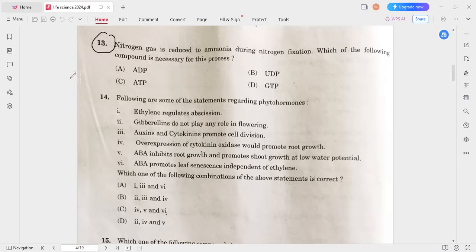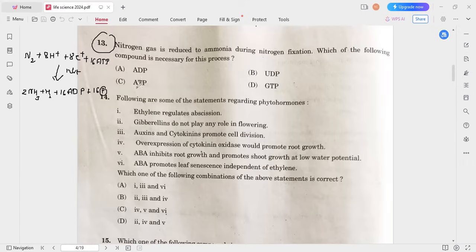Usually, the reaction is the conversion of nitrogen into ammonia. Nitrogen along with protons and electrons, which involves 16 ATP, converts into ammonia, NH3, and hydrogen, and 16 ATP will convert into ADP, giving rise to 16 phosphate.